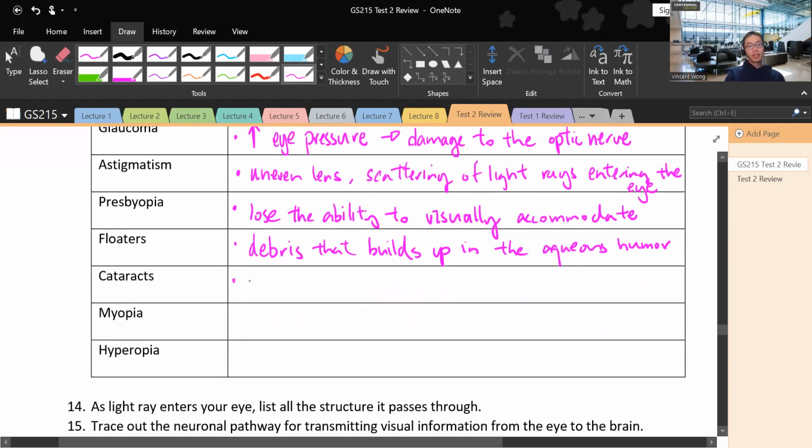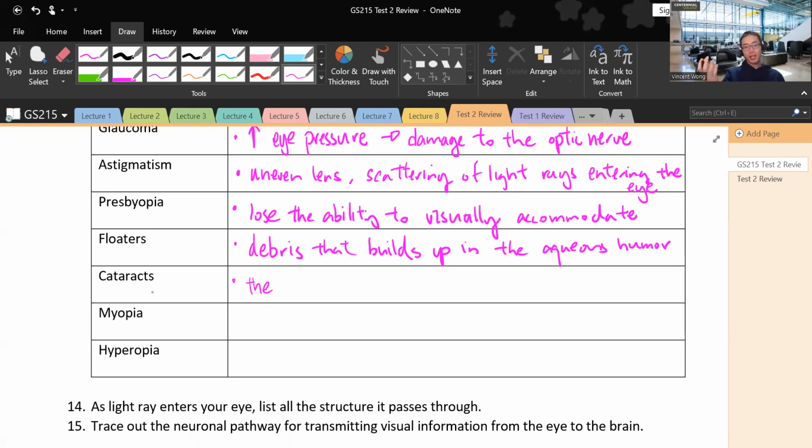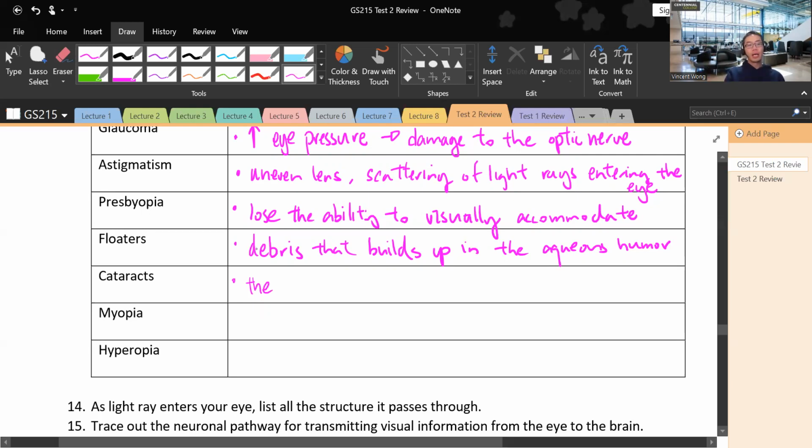Cataracts. Cataracts is when the proteins in the lens start to crystallize. Okay, and as a result, it turns the lens opaque. Okay, so the lens becomes opaque. Okay.